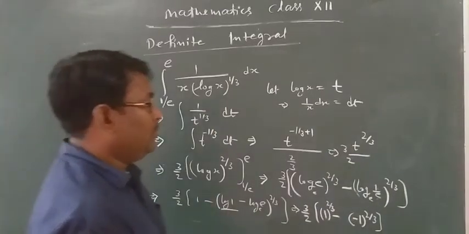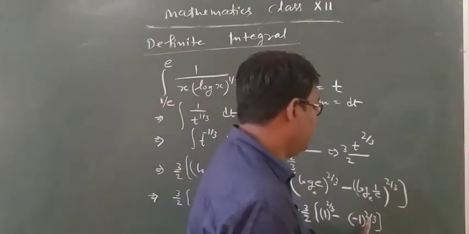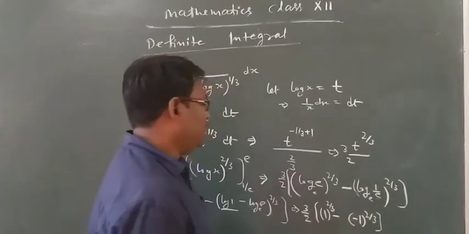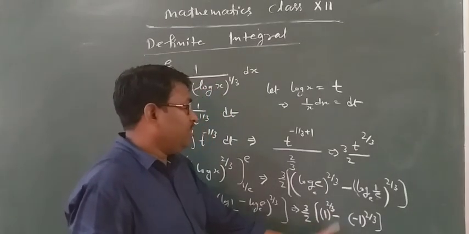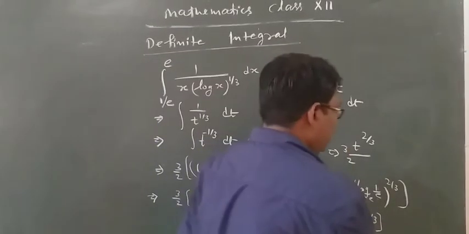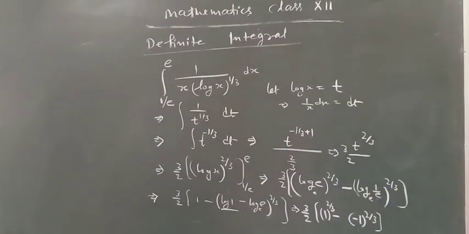So you can write minus (minus 1) power 2 by 3, and here 1 power 2 by 3. So think how you will solve this.